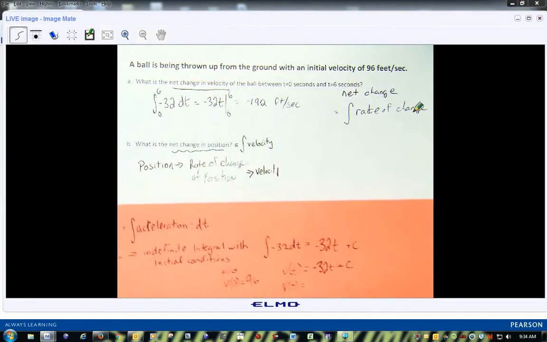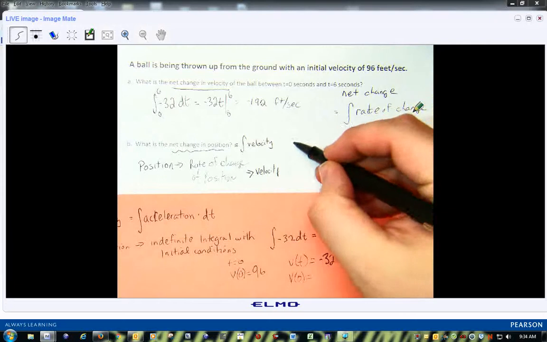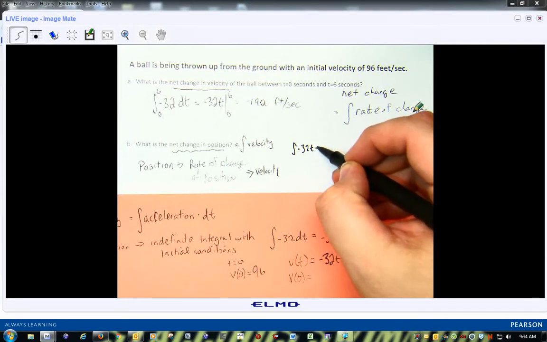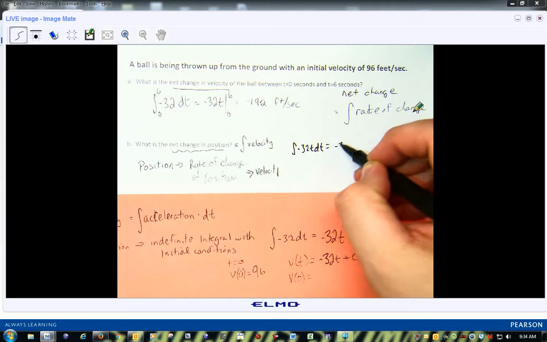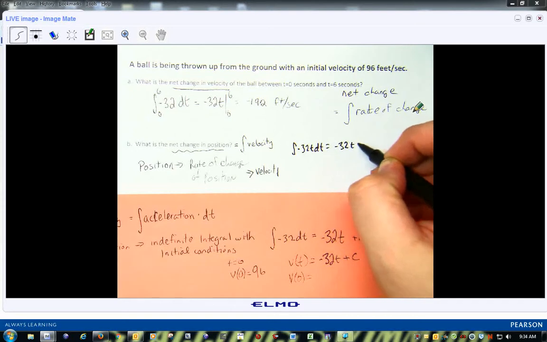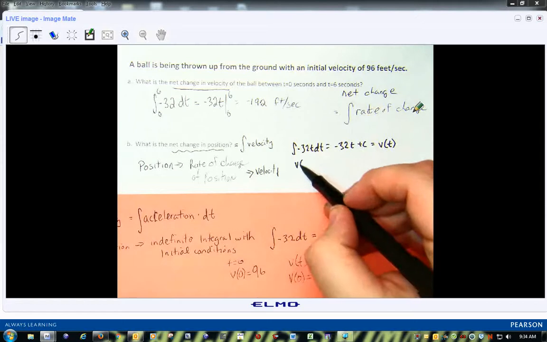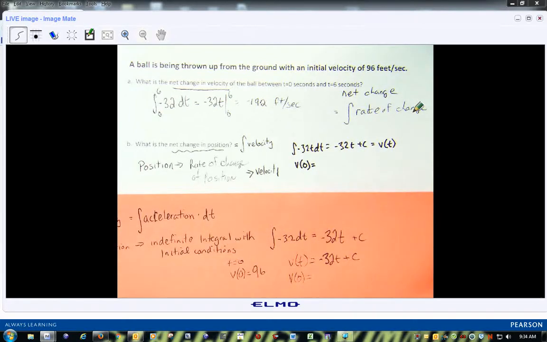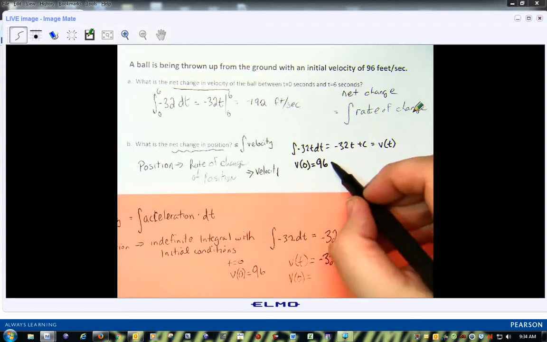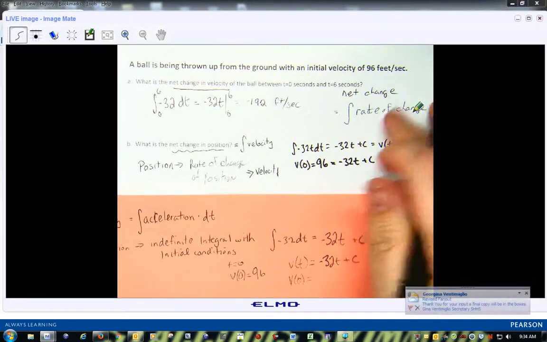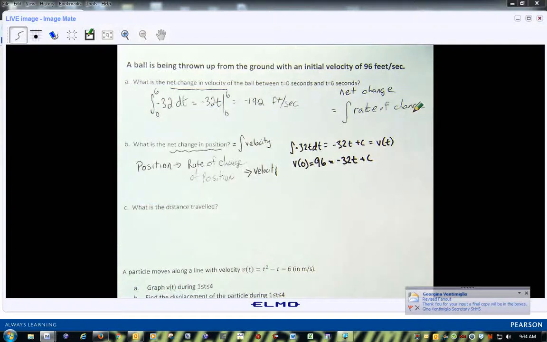But if you want to think of it like this, you do the integral of negative 32t dt. That's equal to negative 32t plus c, which is equal to velocity. I know v sub 0 is equal to what? 96. So I could say that 96 is equal to negative 32t plus c, but what's my t equal to? I heard it, 0.